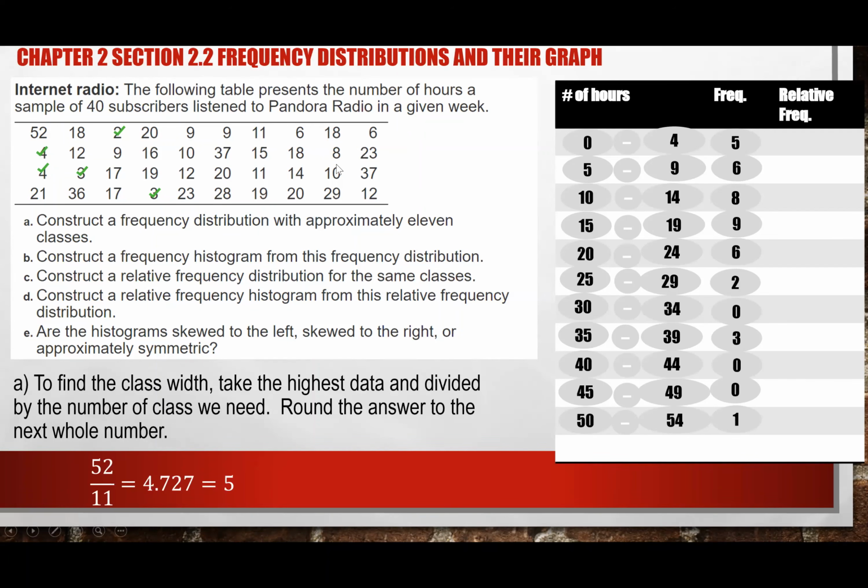Okay, so any question with this frequency item? You tally each of your individual data, and once you have that, those are your frequencies. And again, to check your answer, you add each of your frequencies up. If it's equal to 40, most of the time you did it right.